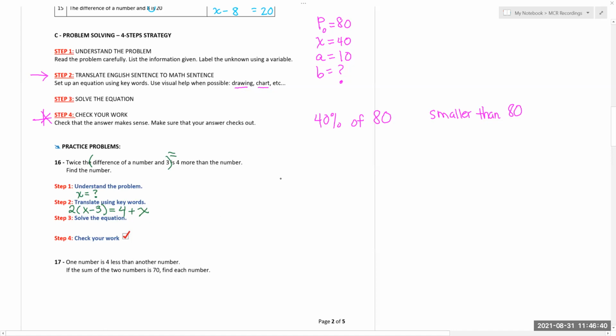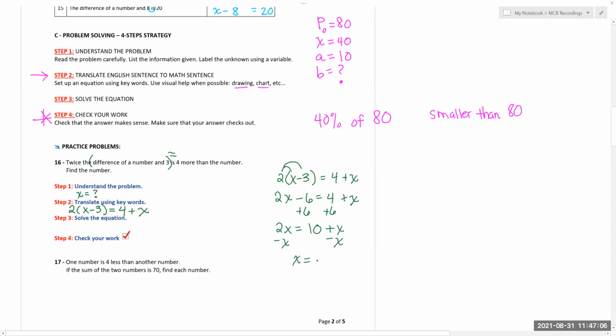Then I go through and actually solve it. So I've got 2(x minus 3) equals 4 plus x. Distribute. And then I'm going to put all the variables on one side and all the numbers on the other side. So that gives me 2x equals 10 plus x, minus x.